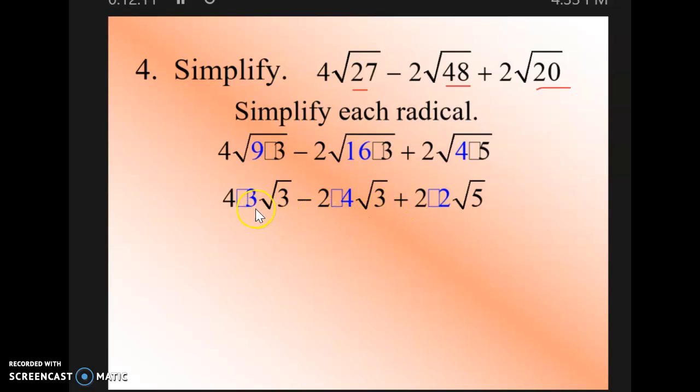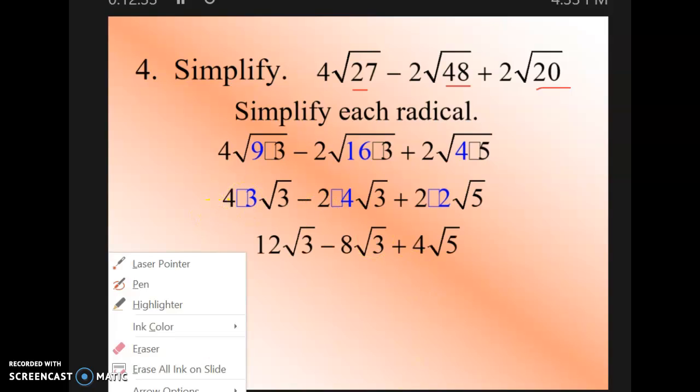Okay, so now we have 2 terms that have like radicals. We can simplify this 4 times 3 to 12, and this 2 times 4 to 8. And then we can combine the 12 minus the 8 and put it with the square root 3 because those are like radicals.